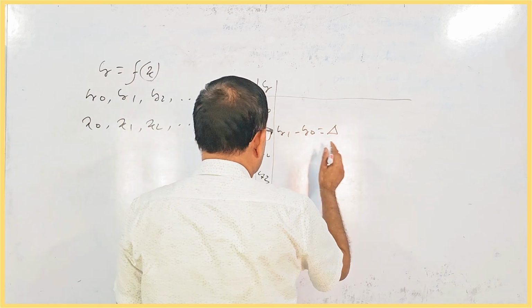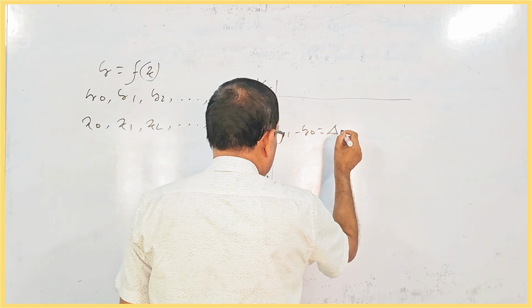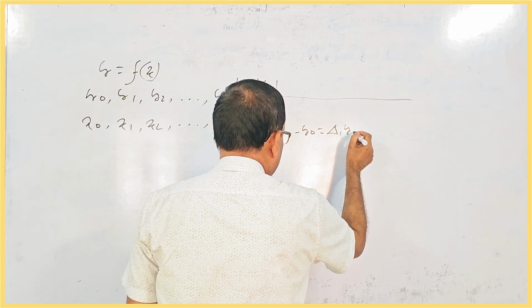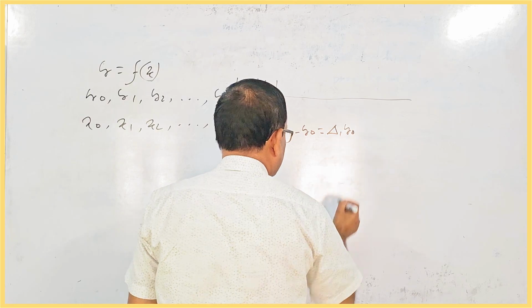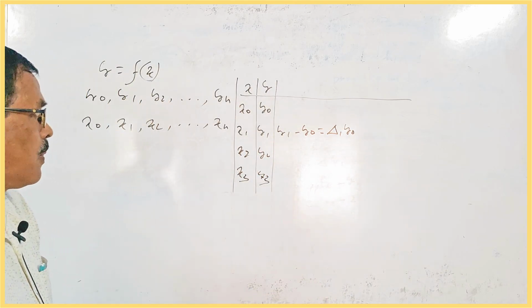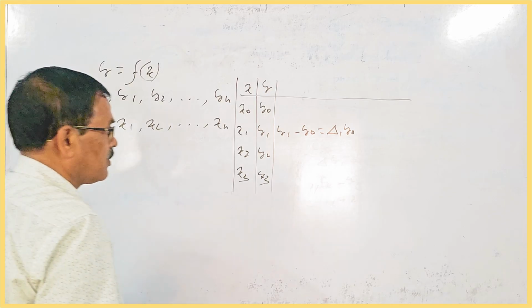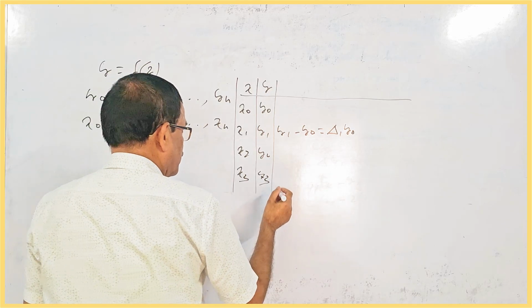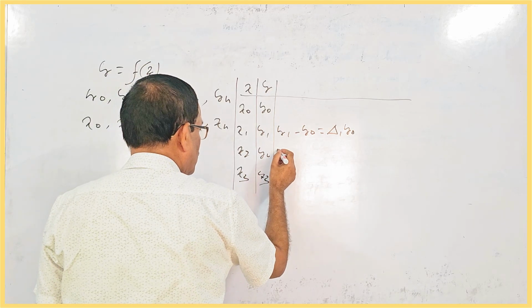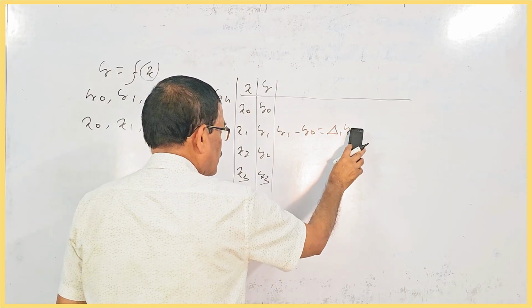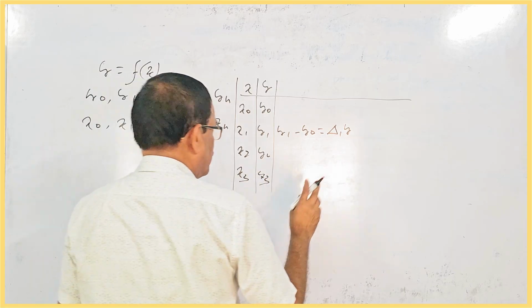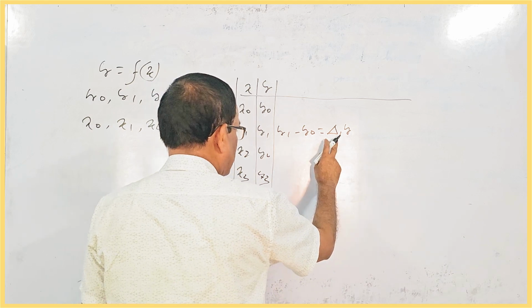Now I will write this y1 minus y0 is equal to delta 1 y1.